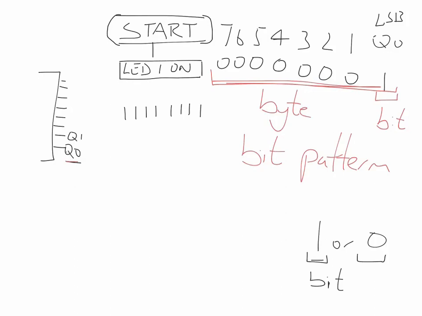If I wanted Q1 to be on, this one here on its own, it would be 0, 0, 0, 0, which is here, here, here, and here. And the next one would be 0, 0, 1, because I want this one on, which is here, and this one off. 0, 0, 1, 0.